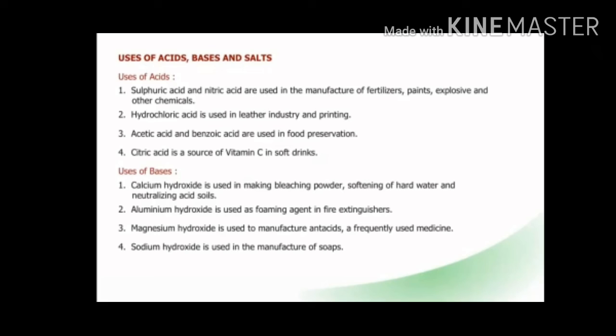Sodium hydroxide is used in the manufacture of soap, paper and medicines also. Magnesium hydroxide is used to manufacture antacids, frequently used medicines to cure acidity. And ammonium hydroxide is used to manufacture fertilizers such as ammonium nitrate. So this is about the uses of bases.